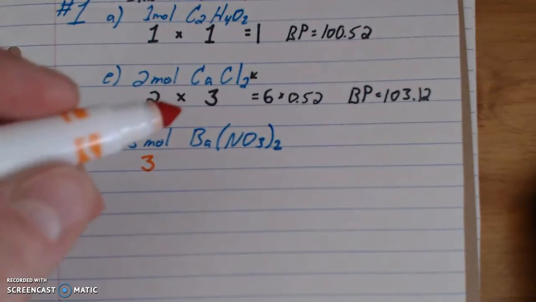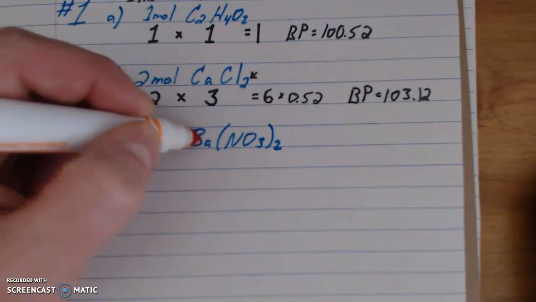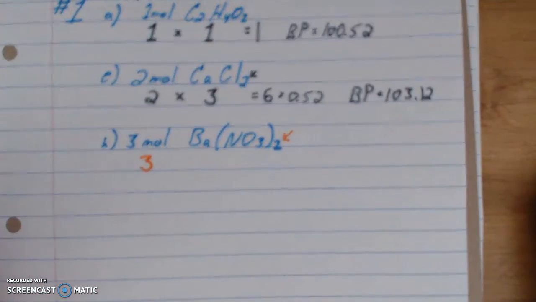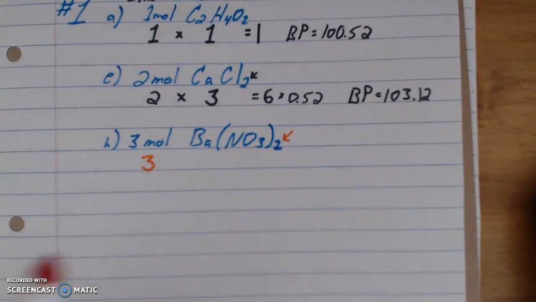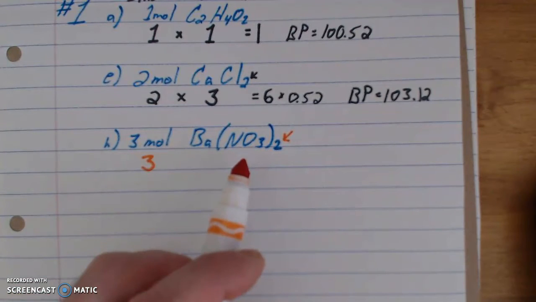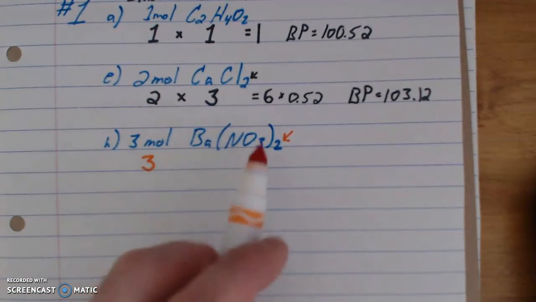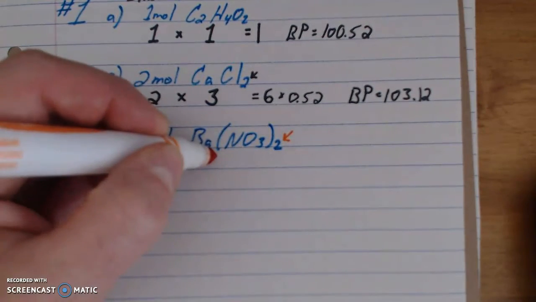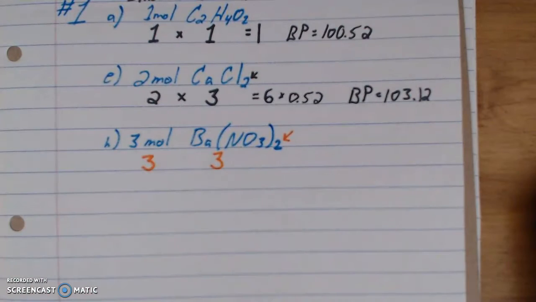Got it? So you will make 1 barium. You will make 2 NO3s. So do you guys see how there are 3 ions here in all? You know it's ionic because it's a metal and a polyatomic ion. So 1 barium, 2 NO3s. How many particles or ions do we make in all? Yep, 3.